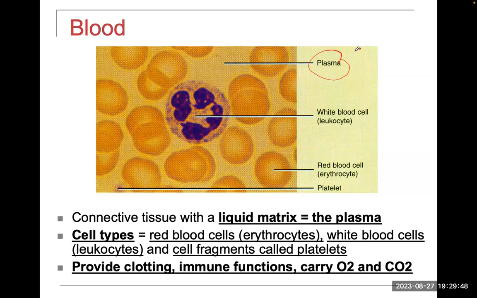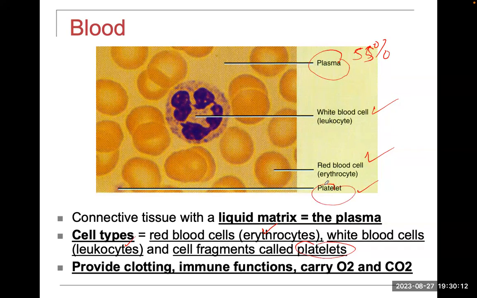So here we're looking at the plasma. That's the extracellular matrix. That makes up the 55% of the blood, and the other 45% is the formed elements: the red blood cell, the white blood cell, and the platelets. The red blood cell is called an erythrocyte. The WBC, or the white blood cell, is called a leukocyte. And then we have cell fragments called platelets.